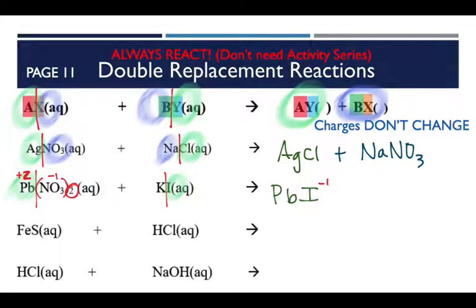So -2, +2 cancel each other out. And that means that over here, lead is going to be a +2 charge still, which means that we are going to have to criss-cross and reduce that over onto our I. So let's go ahead and get that 2 there and clean up these charges, because charges never end up in our formulas. They cancel each other out and disappear when these elements get together.